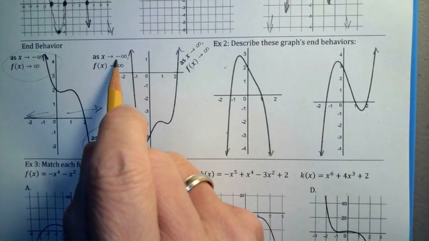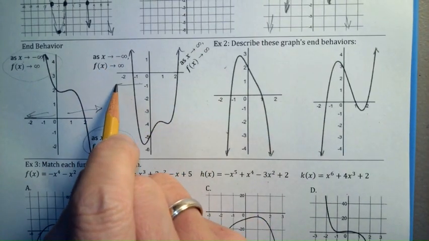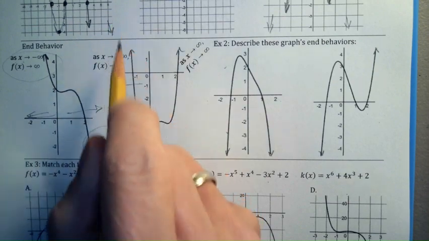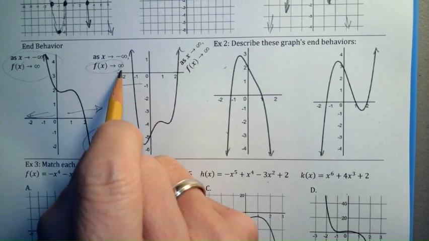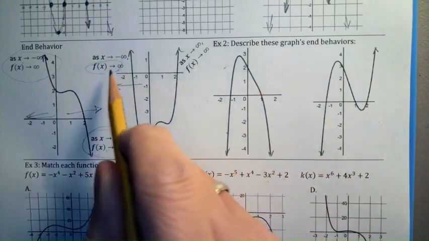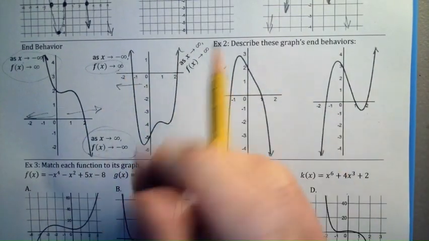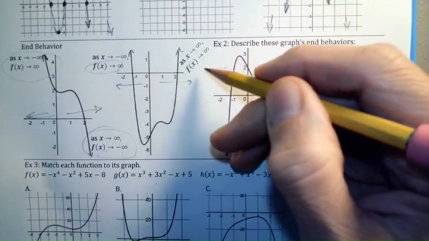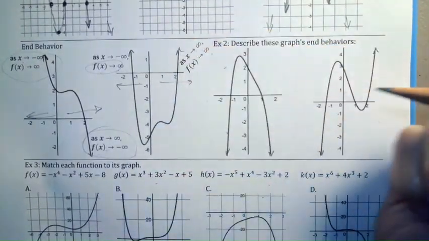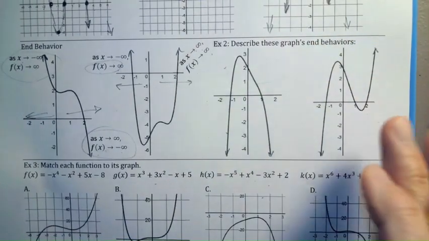So x goes to negative infinity. So again, as we go in this direction, more and more, this thing is exploding in the positive direction. So y, or f of x, is going to positive infinity. As x goes to positive infinity, what happens to the y? Y also goes up to positive infinity. So do the same thing for these.